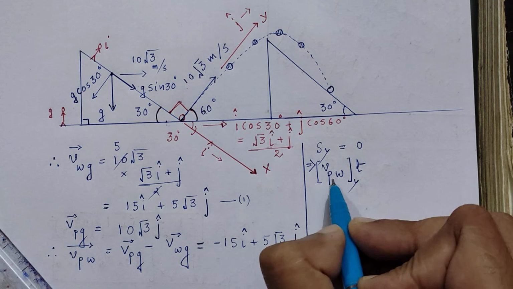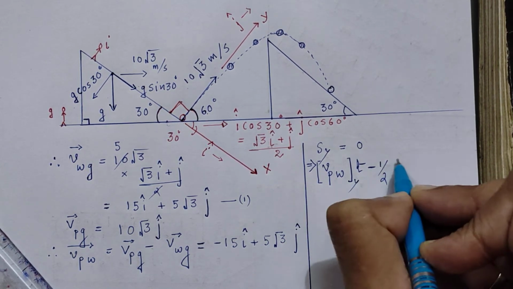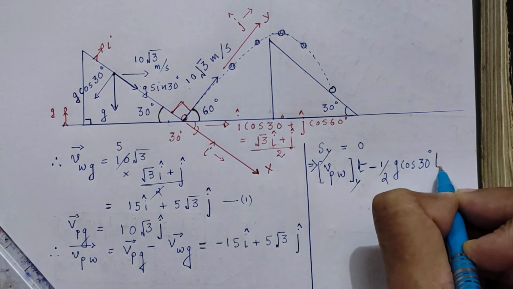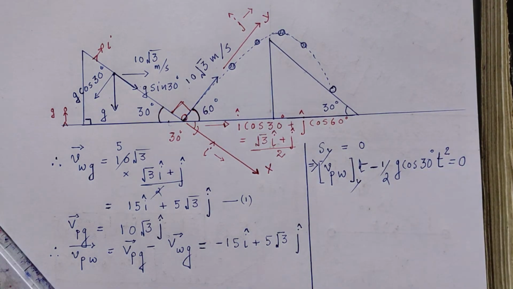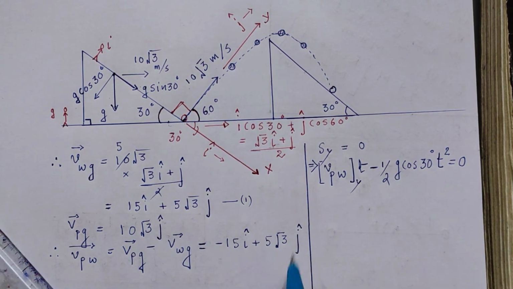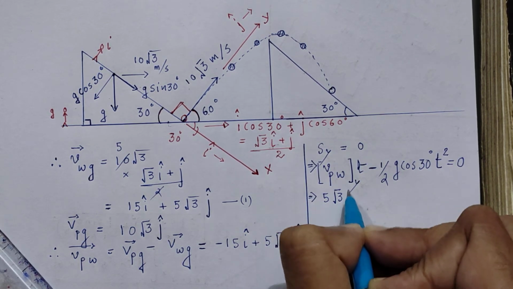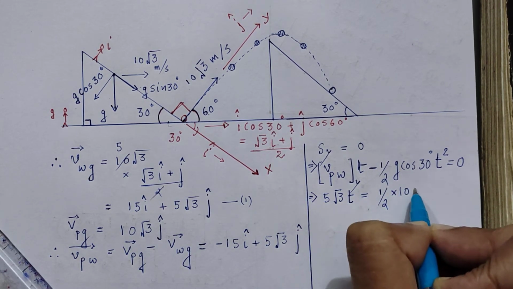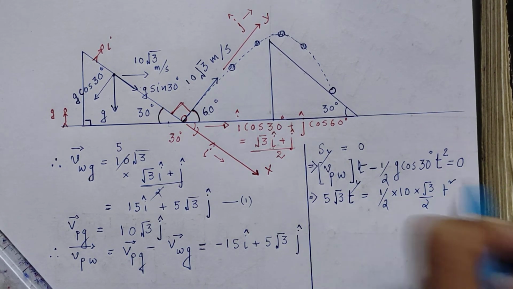So velocity of projectile with respect to wedge, y component, into t, minus half g cos 30 degrees into t square, is equal to Sy, and that Sy is how much? 0. So what is the y component of velocity? 5 root 3. So 5 root 3 into t is equal to half, g is 10, cos 30 is root 3 by 2, t square.